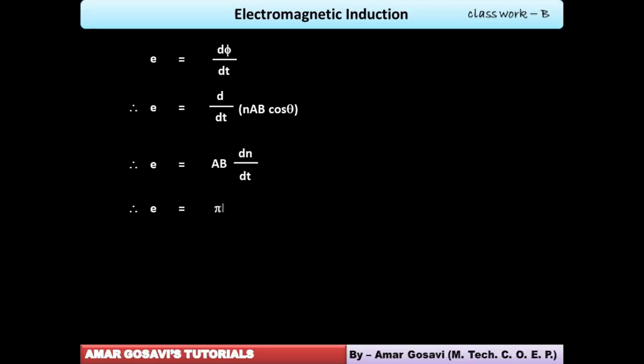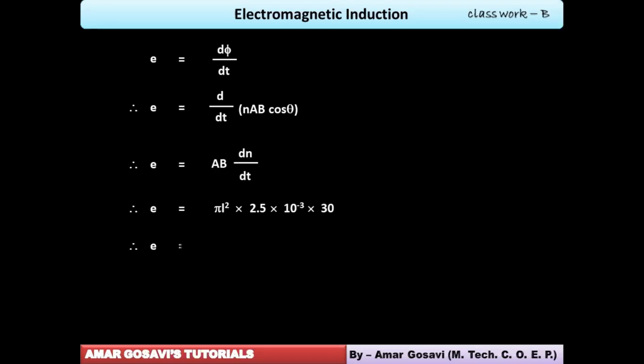So substitute it. How do you find out the area? Because it's a rod moving in circles, obviously the area swept will be pi r square, or you put it as pi l square because L is the radius in that case. Magnetic induction given to you is 2.5 into 10 raised to minus 3. And dN by dt, just now we have estimated it as 30.